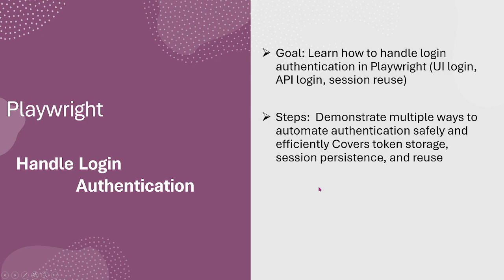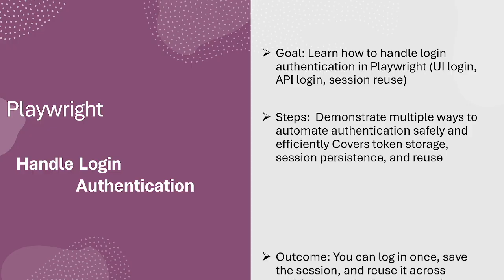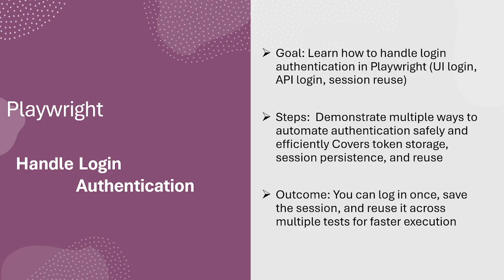Steps: demonstrate multiple ways to automate authentication safely and efficiently, covering token storage, session persistence, and reuse. Outcome: you can log in once, save the session, and reuse it across multiple tests for faster execution.